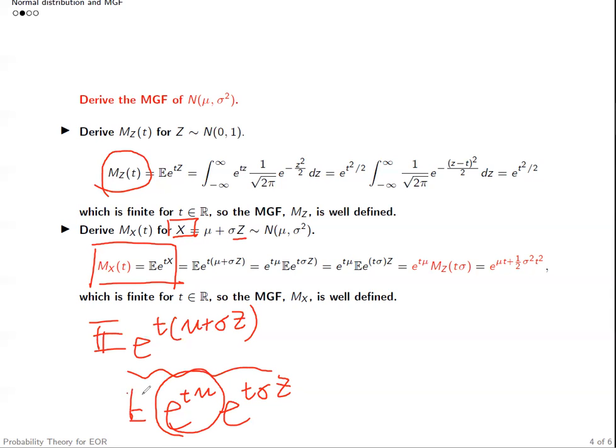So if we consider the expectation, by the linearity of the expectation, we can move this constant outside, and what's left is essentially equal to the moment generating function of z evaluated at t sigma. Because based on the definition, this value is equal to the expected value of e to the power t sigma times z.